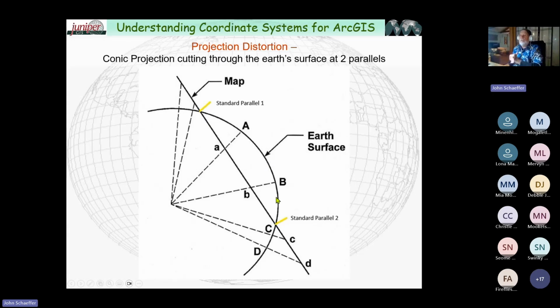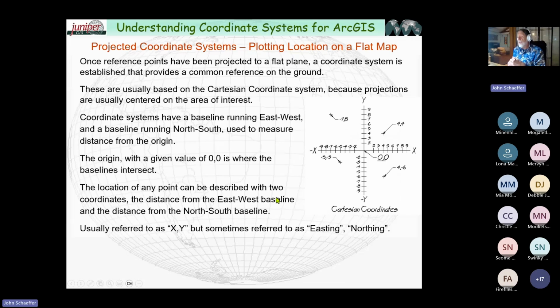So let's go through. I've wrapped my piece of paper however I wanted to around the globe. I projected points out. I flattened it. And then once we have reference points projected to a flat surface, a coordinate system is established that provides a common reference on the ground.